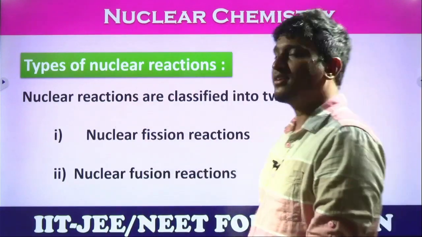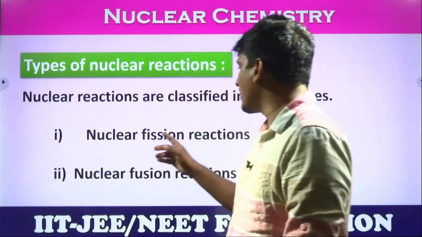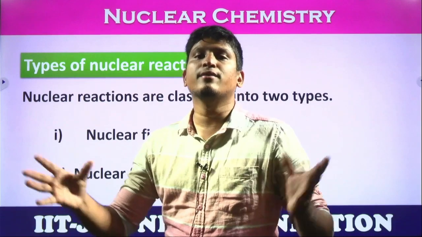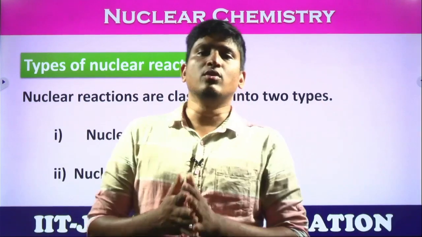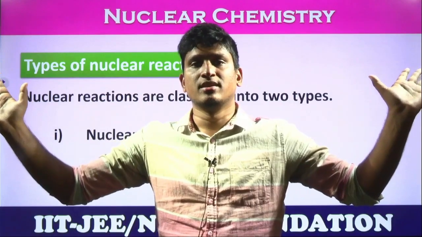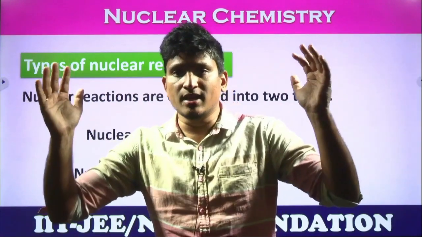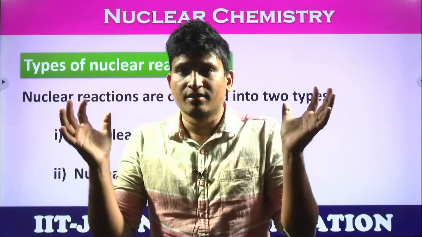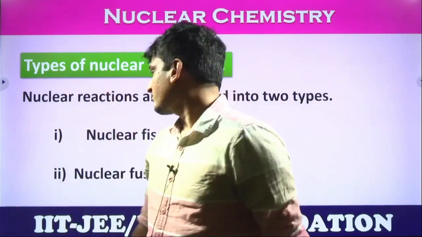So we have two types of nuclear reaction, students. One is called nuclear fission reaction, the other is called nuclear fusion reaction. Simple. Nuclear fission means one element converts into different elements. Nuclear fusion means different elements convert into a single element. Understood? Fission, fusion. Remember.